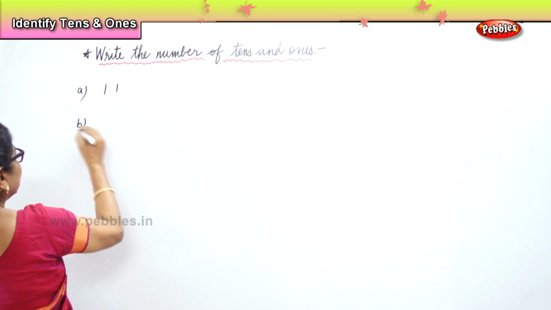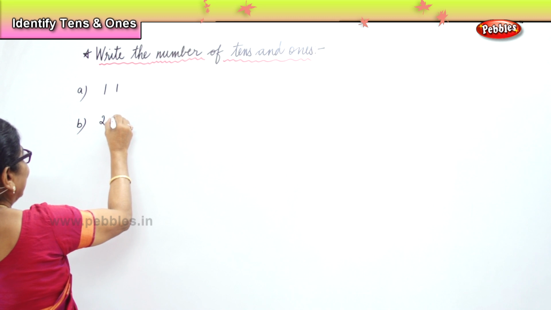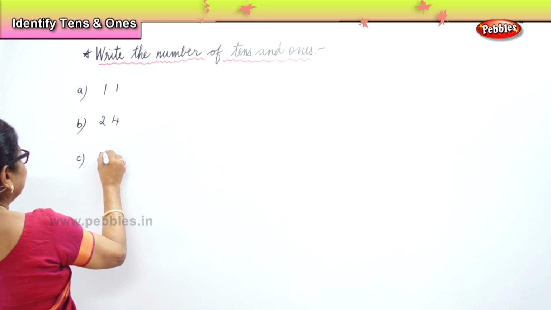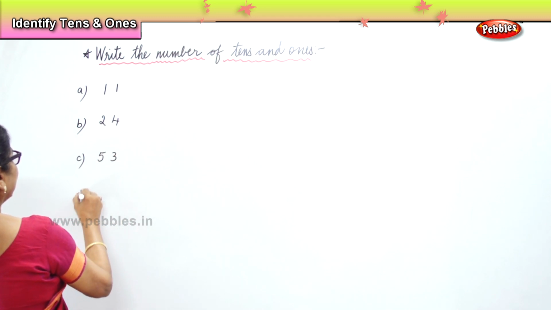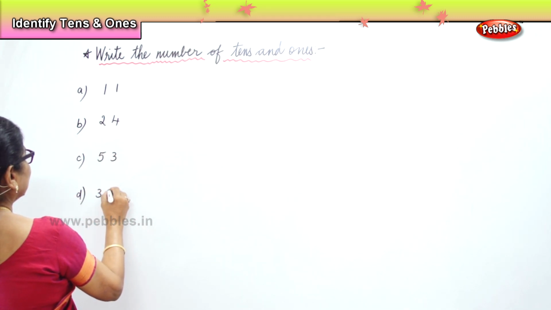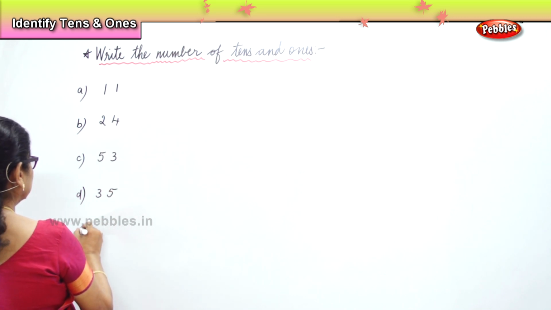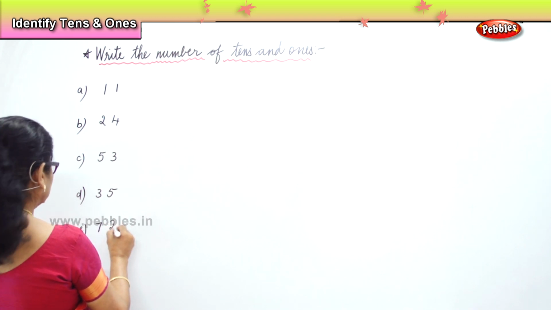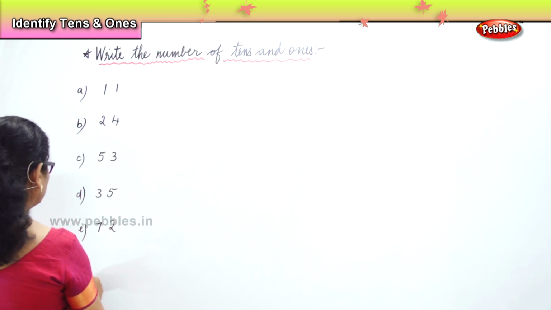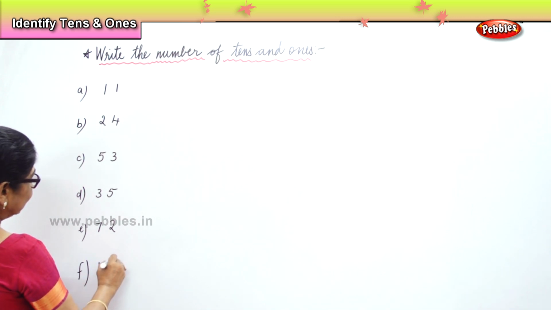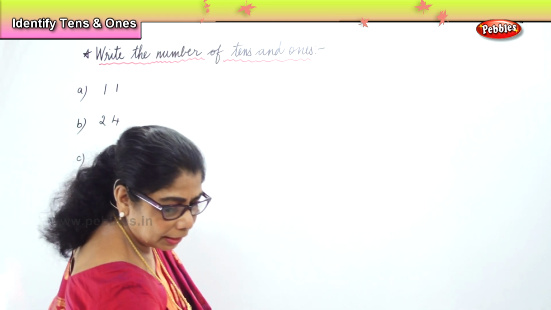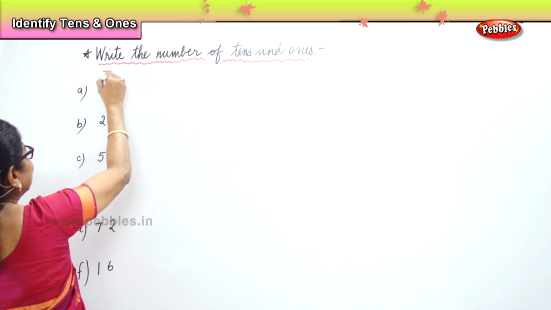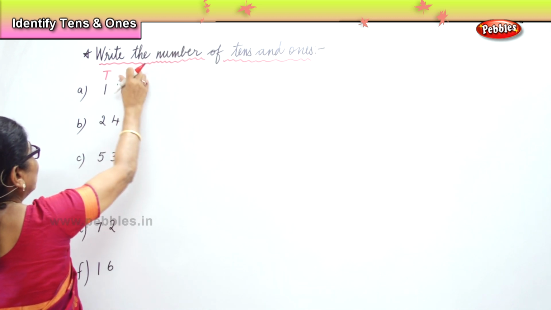Eleven, 24, 53, 35, 72, and 16. Now, in all this, let us remember T for tens and blue for ones.